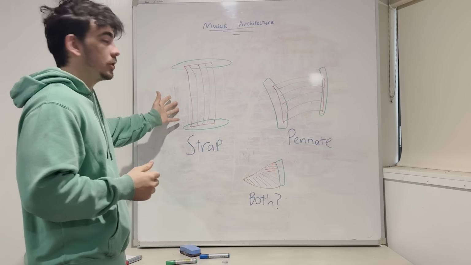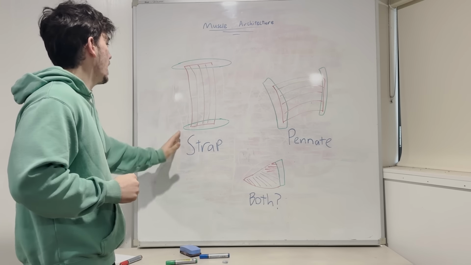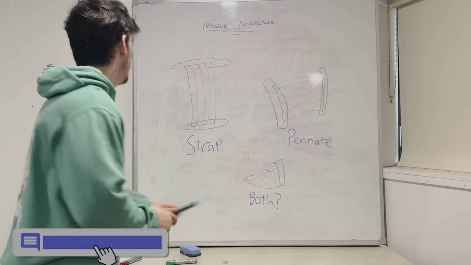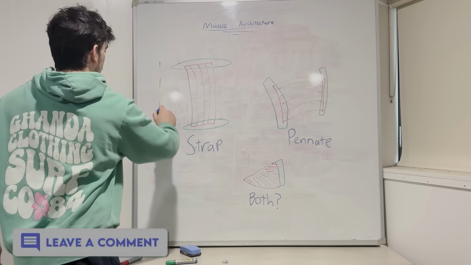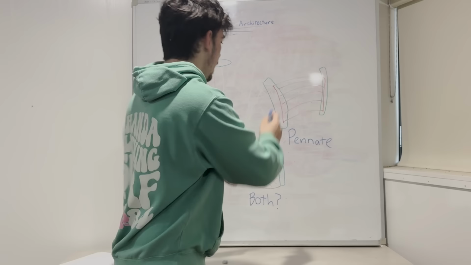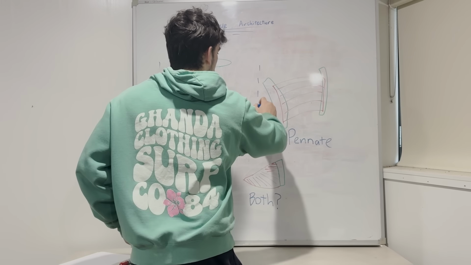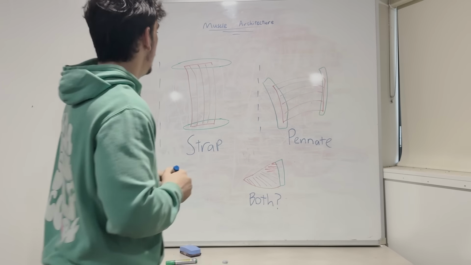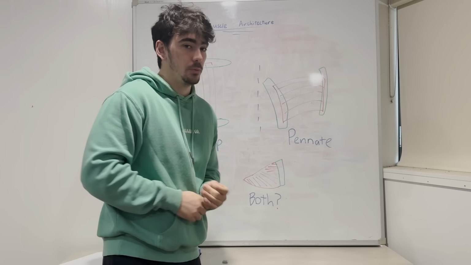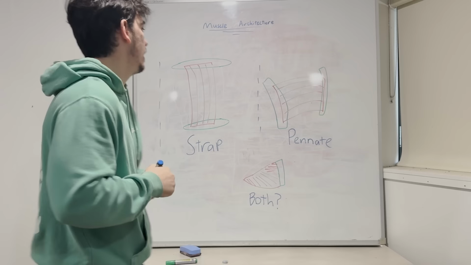So we've got strap-like muscle here where the fascicles are running parallel to the long axis. So the long axis is this way for this one. And then we've got pennate muscle. Long axis is still this side here, but the fascicles are running at some kind of angle to the long axis.